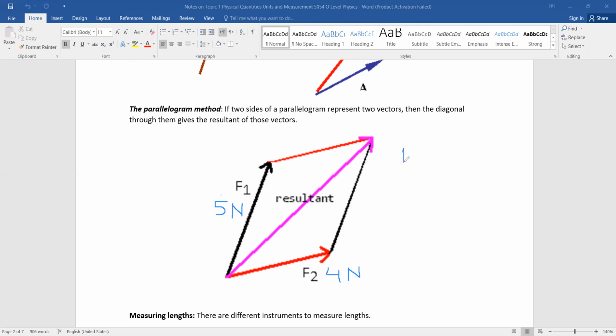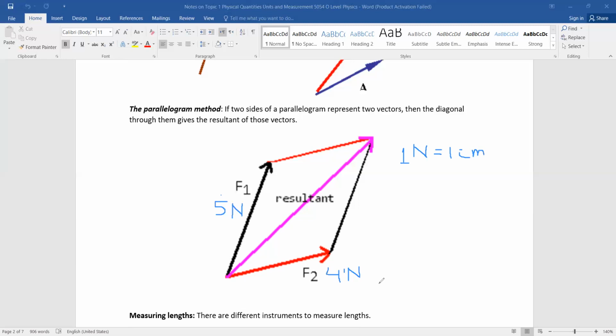In a ruler, this is the way you will draw. So 1 Newton is 1 centimeter, so 5 Newton is 5 centimeter. Then 4 Newton will be 4 centimeter, right?